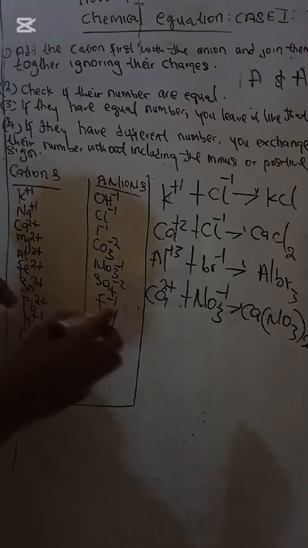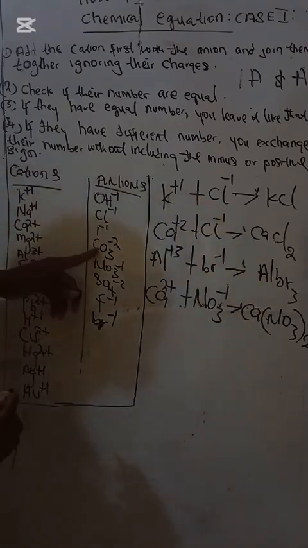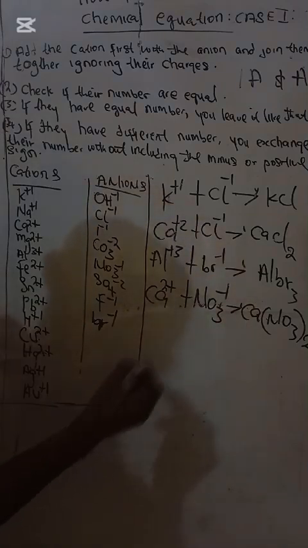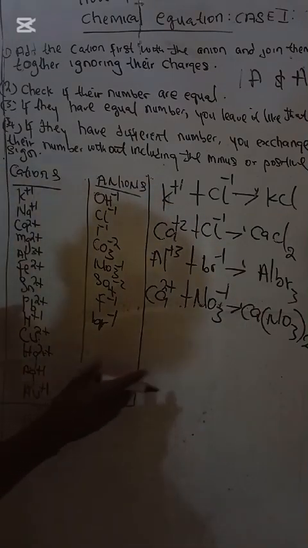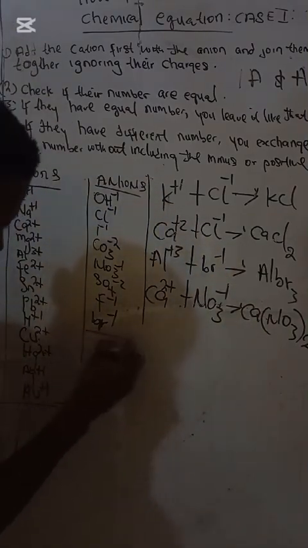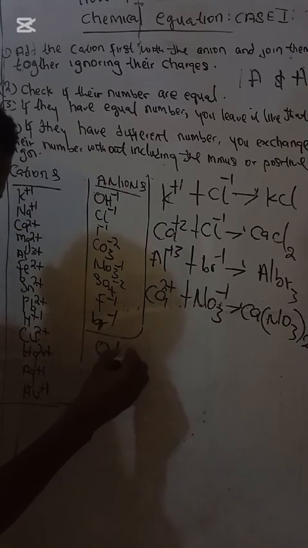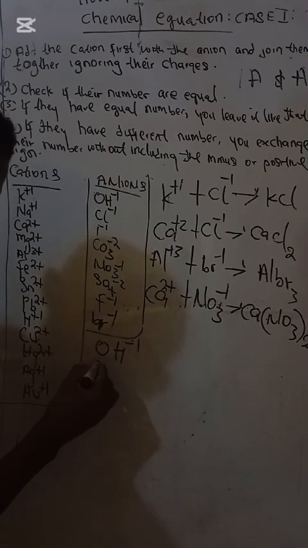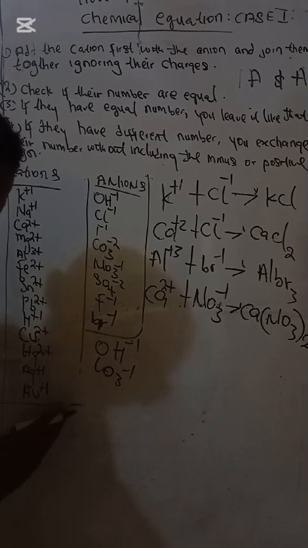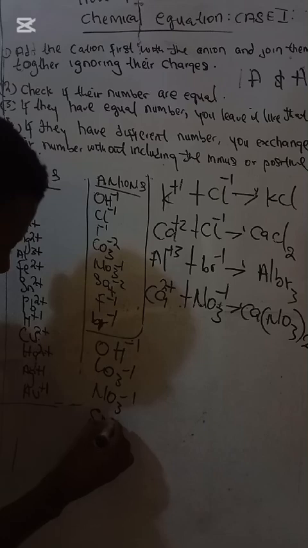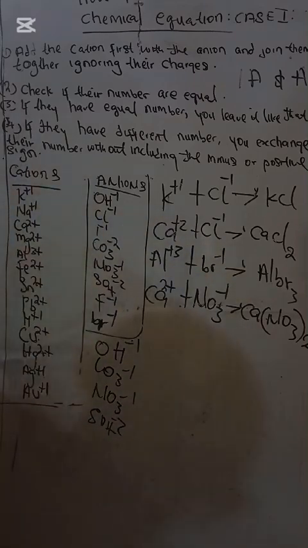Anytime you are exchanging, and you have an anion that has 2 elements, something like OH minus, CO3, NO3 minus and SO4 minus, look at these anions.